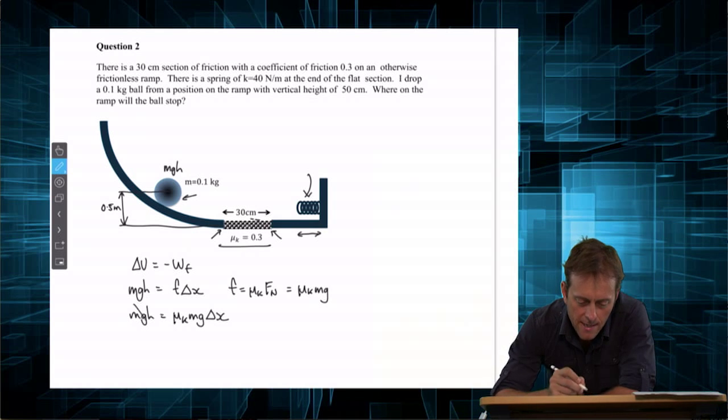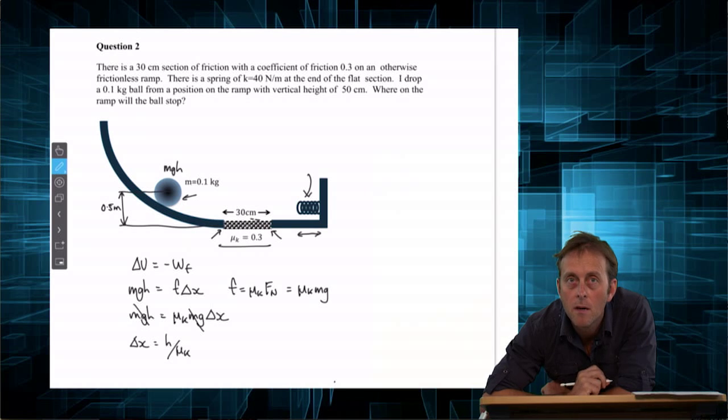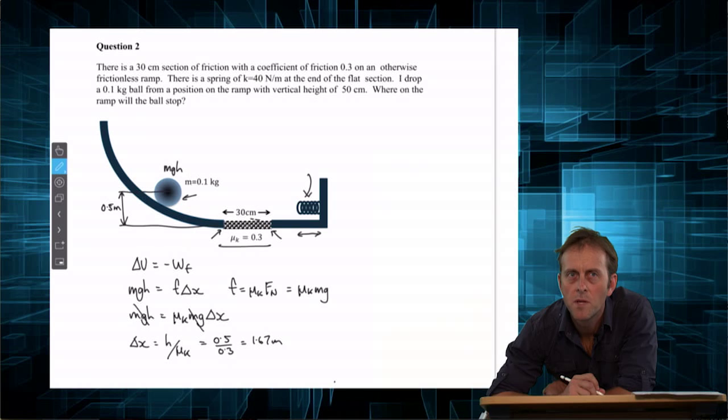The mg's will cancel out on each side, and we end up with delta x equals h divided by mu k. We know those values, 0.5 and 0.3, which gives 1.67 meters. So we have to actually traverse 1.67 meters of that friction track before all of our energy is dissipated.